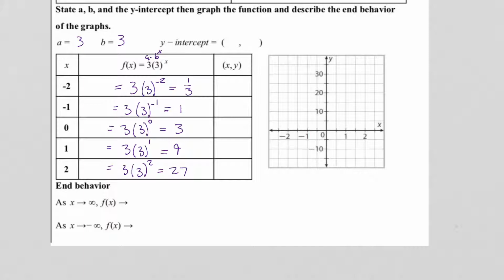So hopefully you can tell the general trend is that as x approaches positive infinity, y is going to be approaching positive infinity. And it simply means as x gets larger, so does y.